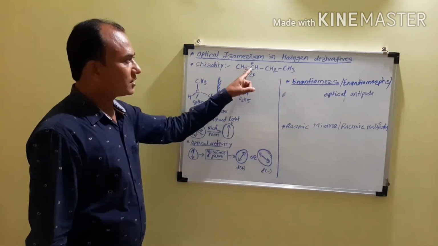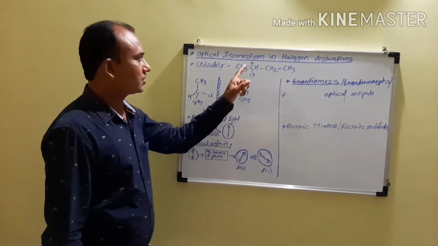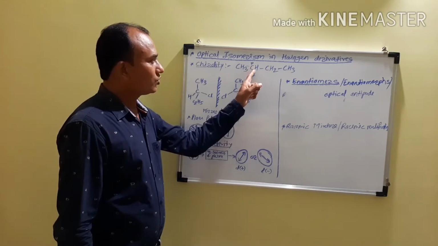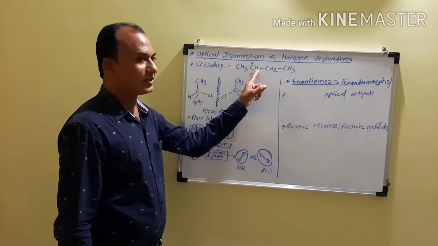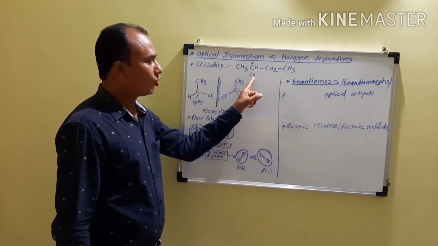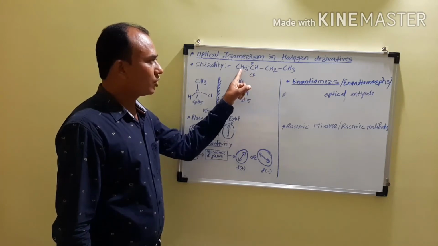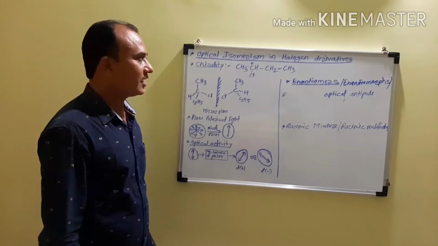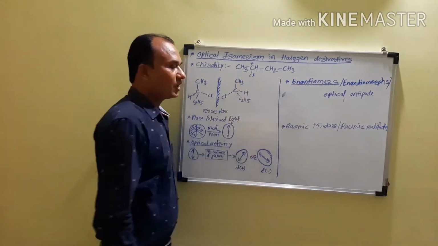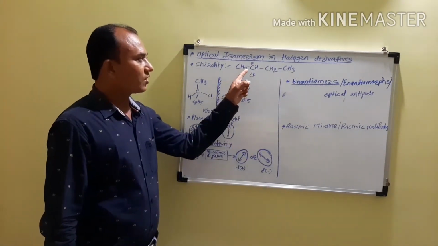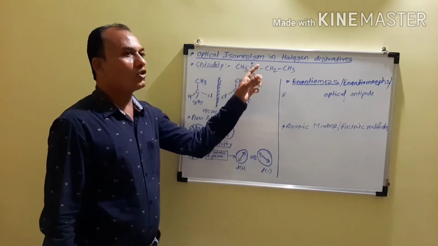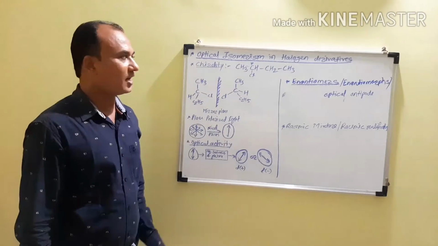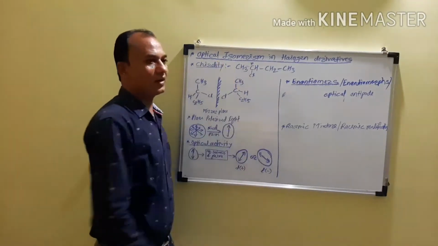If you observe the second carbon atom, on which I am putting an asterisk, one hydrogen atom is attached, one chlorine atom is attached, one methyl group is attached, and the fourth one is an ethyl group. It means all the 4 groups or atoms attached to this carbon atom are different, and therefore this is called a chiral carbon atom.